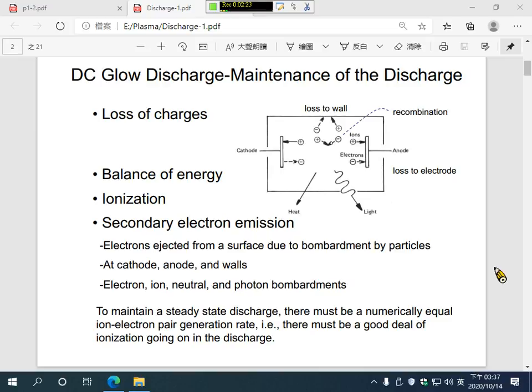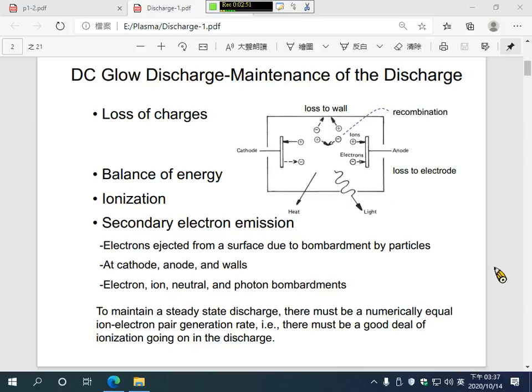In the previous chapter, we just knew about how we can supply the charges, right, including electrons and cations. So if we keep the current density larger than a certain value, we can generate the plasma.